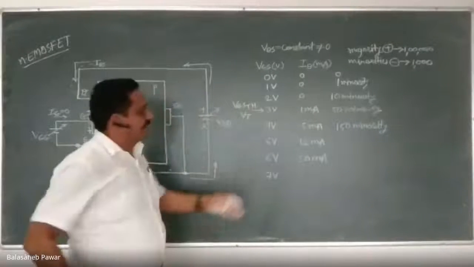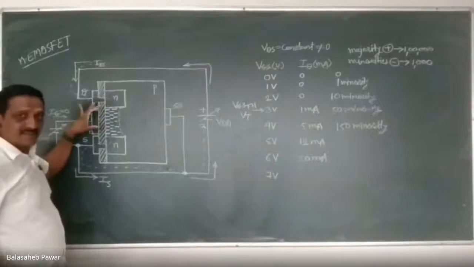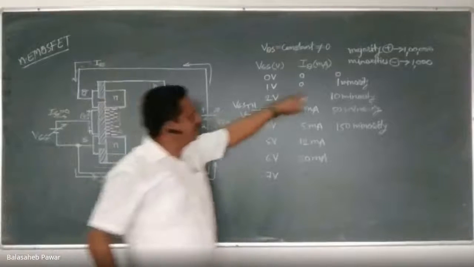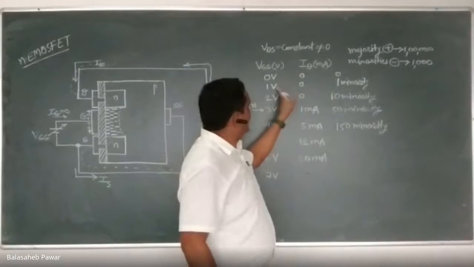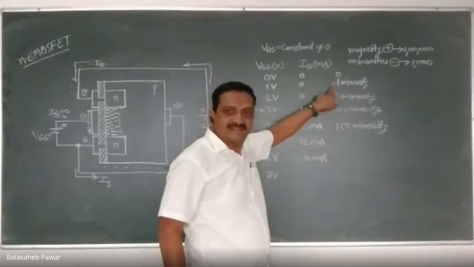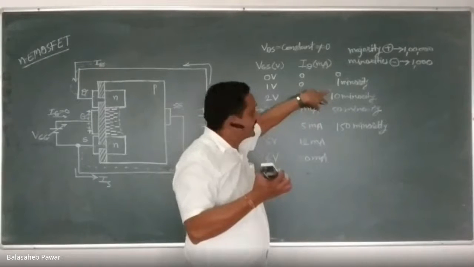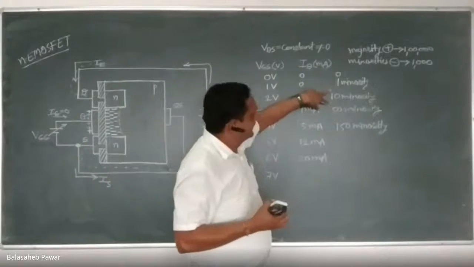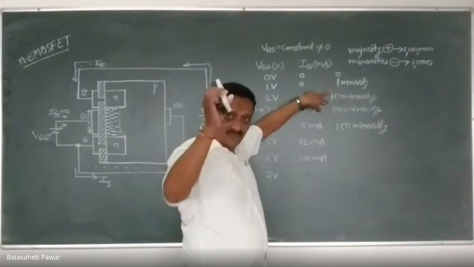Can you compare the density of that formed channel between drain to source? Initially, 0 negative charge carrier was there. By the application of VGS 1 volt, only one minority gets attracted. By VGS equals 2, the number of minorities attracted becomes 10, but still it is not capable to handle the current through them.